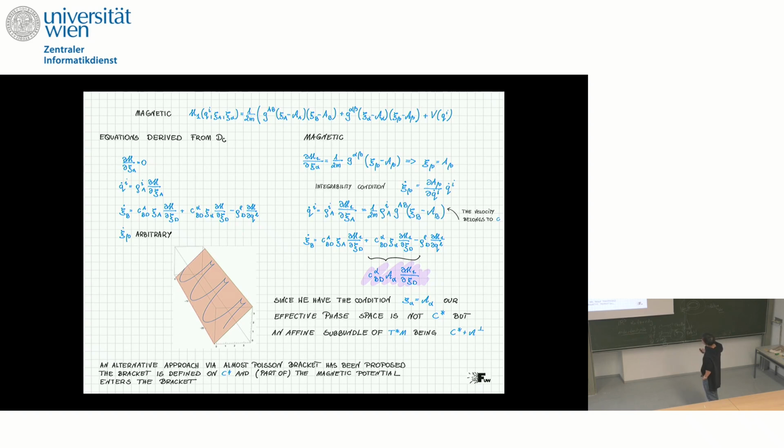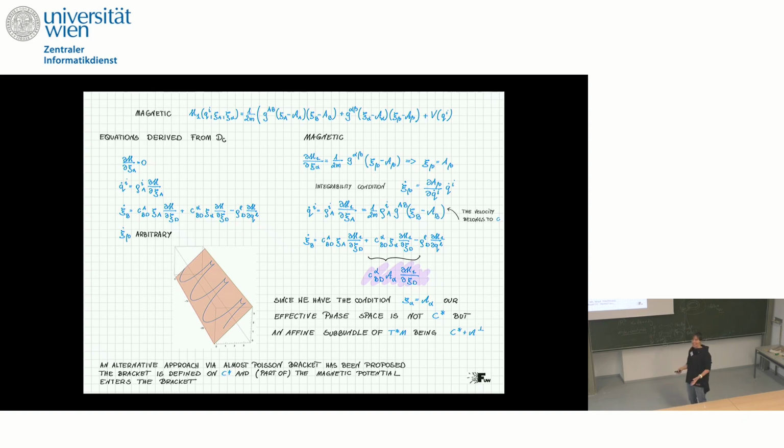And in principle, we cannot restrict our Hamiltonian only to the constraints, in a sense, to C star. But we can get this equation restricted to C star translated a little bit, translated by the part of our magnetic potential. But the problem is that this magnetic potential is part of the Hamiltonian.